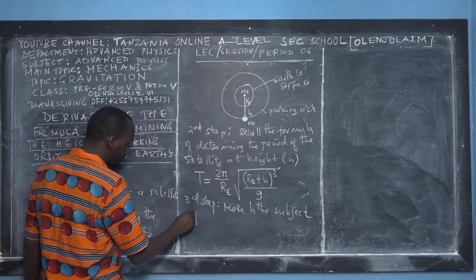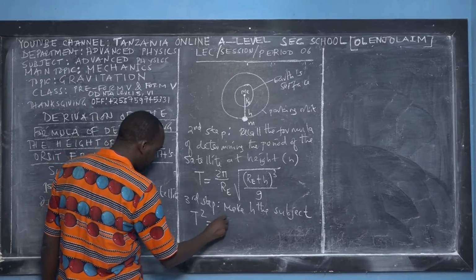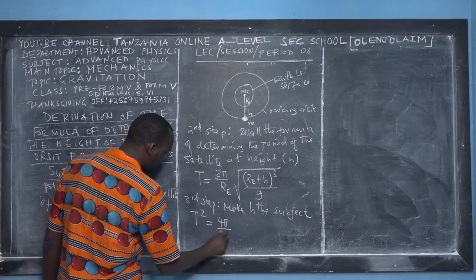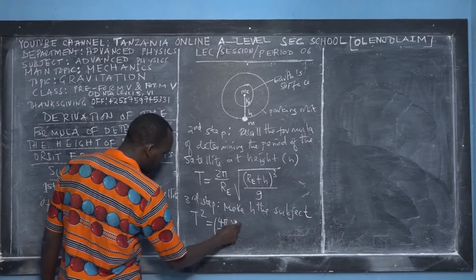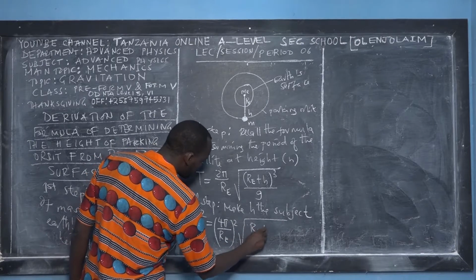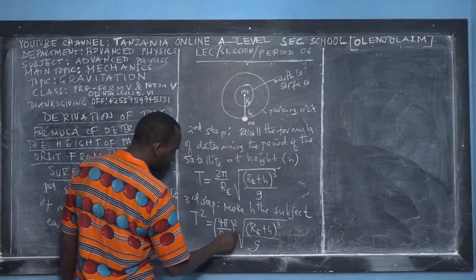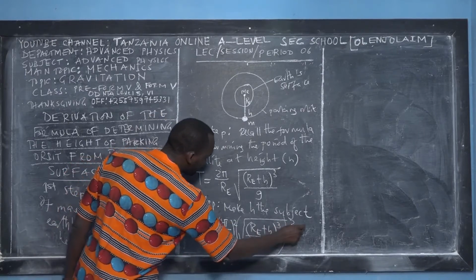To make H the subject, you have to square both sides. So you have T squared, then here we have 4 pi, then the radius of the Earth, but we have to square the whole term, and then you have the square root of the radius of the Earth plus the height H, this is cubed, over G. So we also have to square this term.